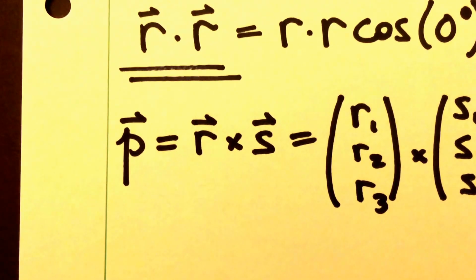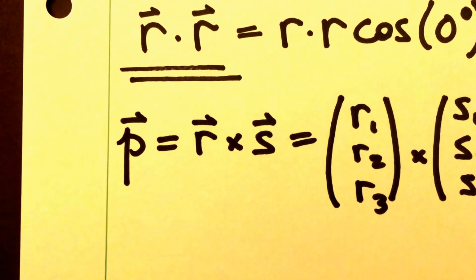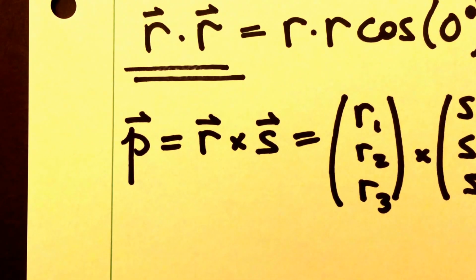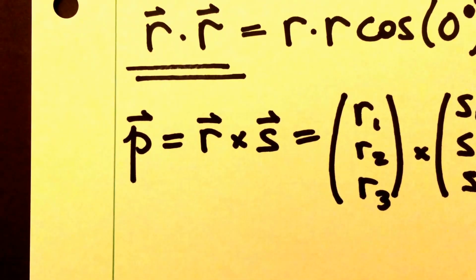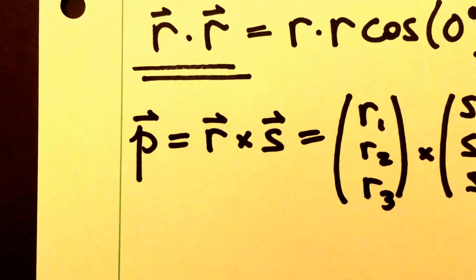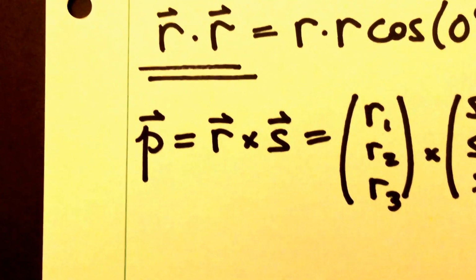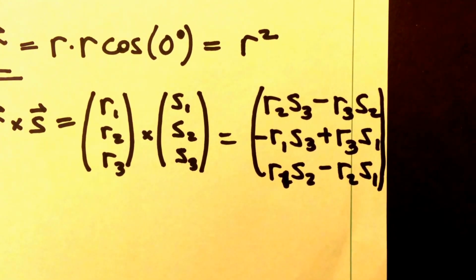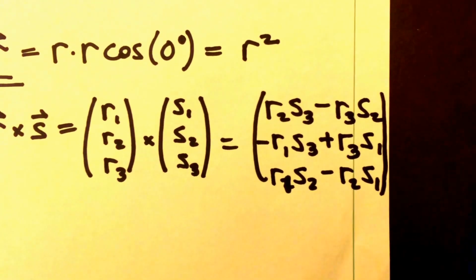This is in contrast with the other way in which you can multiply vectors by one another, called the cross product. So in this case, I've written an equation. A new vector p is the cross product of r with s. And to calculate the cross product between two vectors, I find that it's convenient to write the two vectors as column vectors.